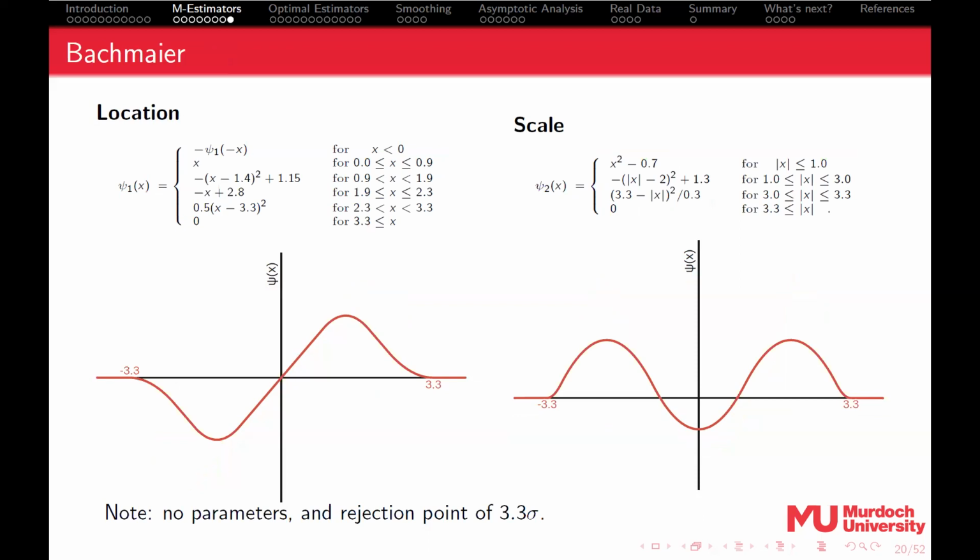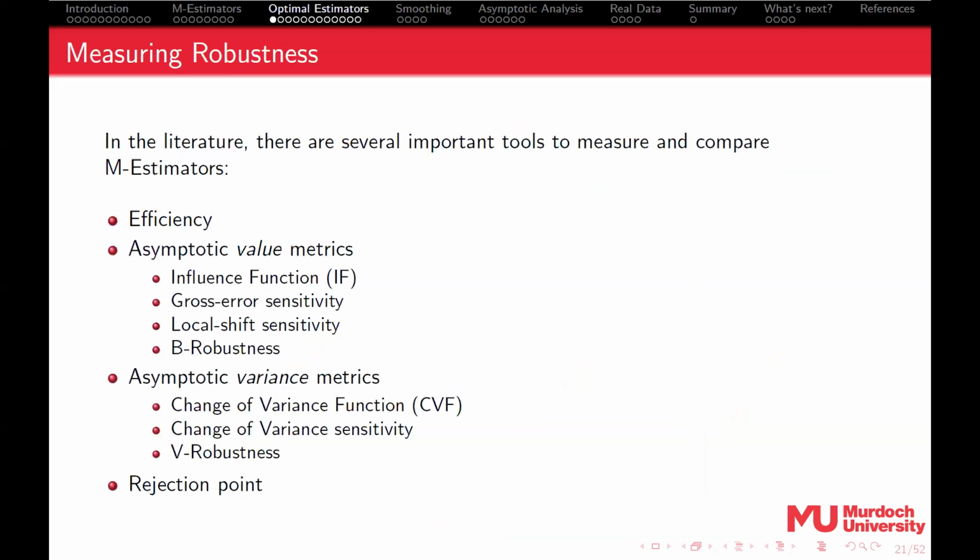These have two nice properties. First, there are no parameters, a lot less mucking about, but also there's a rejection point baked in. For data outside of the distribution, that's the idea.